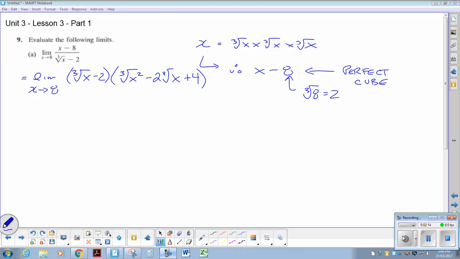And actually this should be a plus. So there we go. So that's what it'll look like on top. On the bottom, you'll have the cube root of x minus 2.